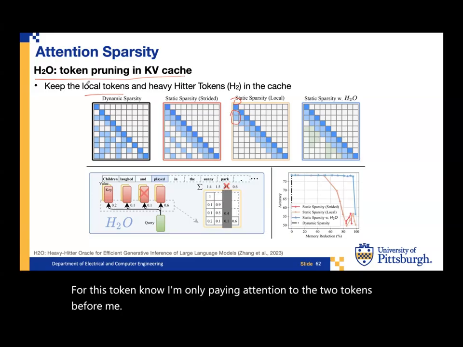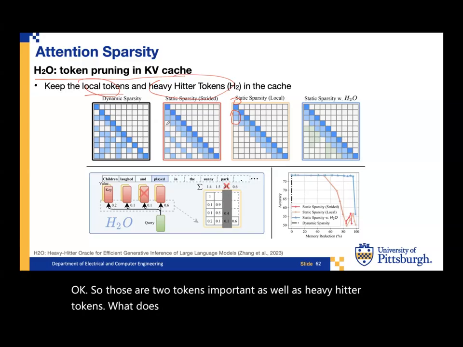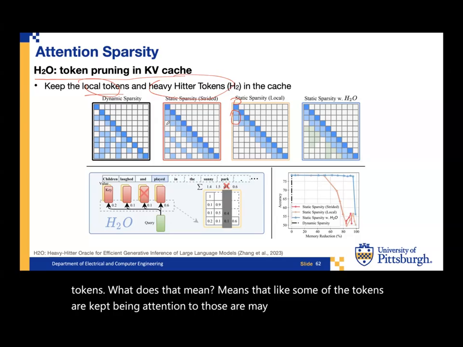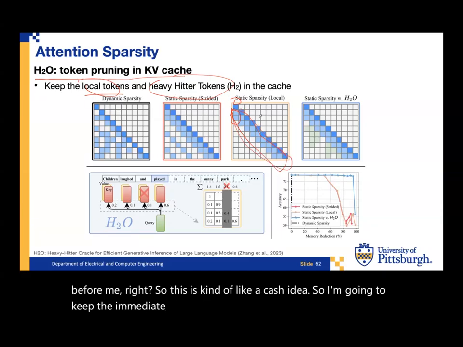So those two tokens are important, as well as heavy hitter tokens. What does that mean? It means that some of the tokens keep being attended to, and those may not be immediately before me. So this is kind of like a cache idea. I'm going to keep the immediate two or three tokens before me, as well as some of the important tokens from long before me.